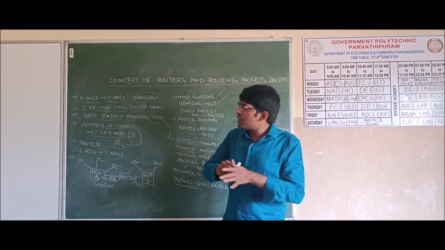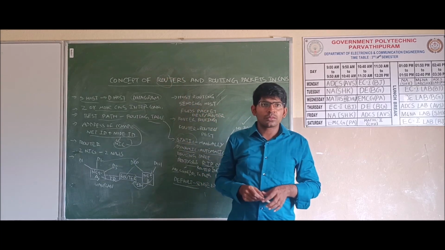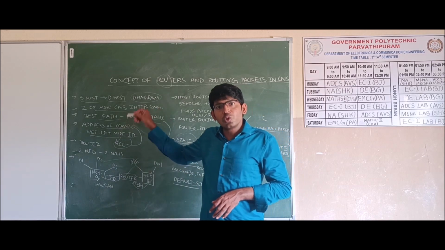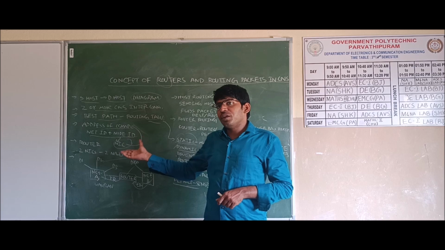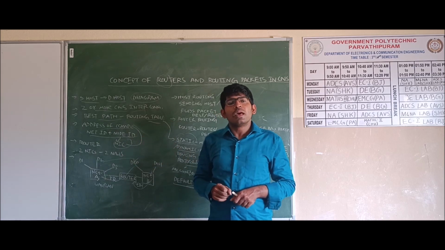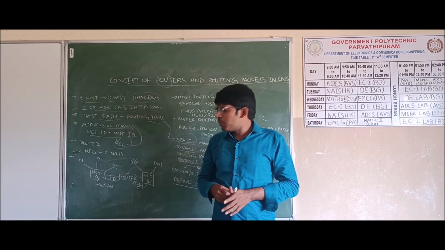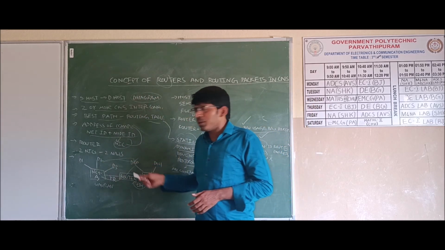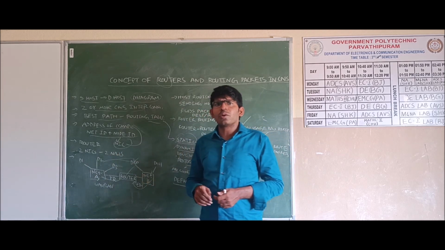So the name itself tells, it gives the route. It is the one who is giving the route. Without the router, for example, if we define a predefined route between D2 and D100, what is the guarantee that every time only D2 will send the data to D100?